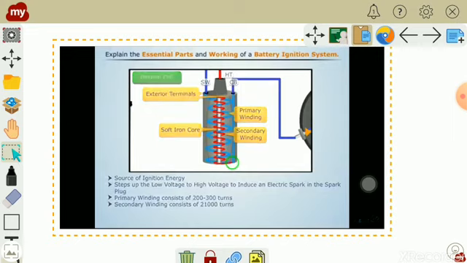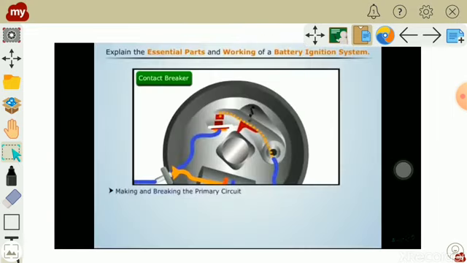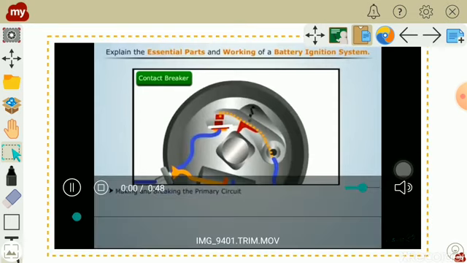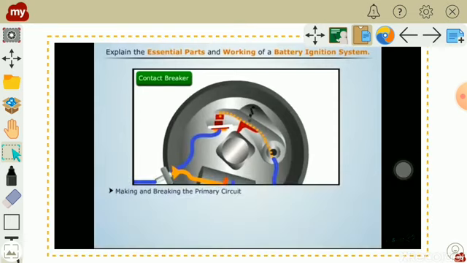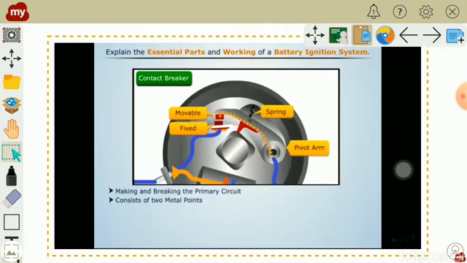Now let's see the contact breaker point. Contact breaker is the mechanical device for making and breaking the primary circuit. It consists of two metal points. One is fixed, the other is movable. The movable point is connected to a spring loaded pivot arm, which closes the primary circuit.